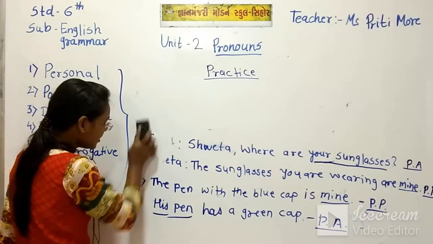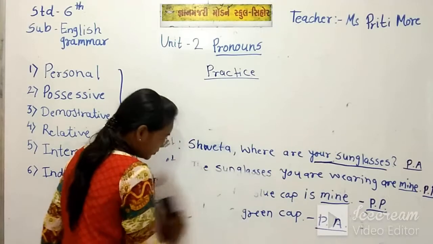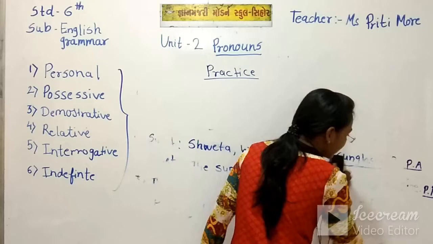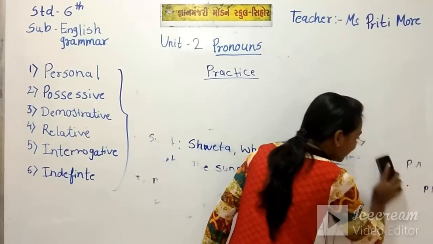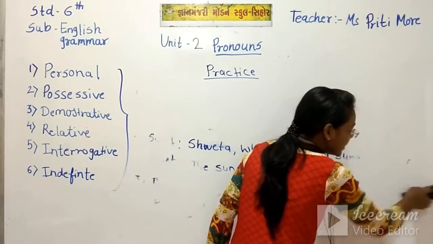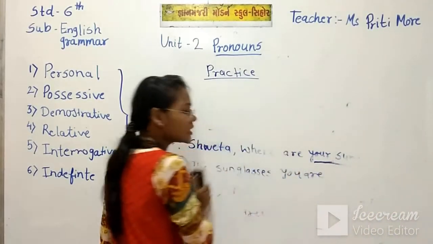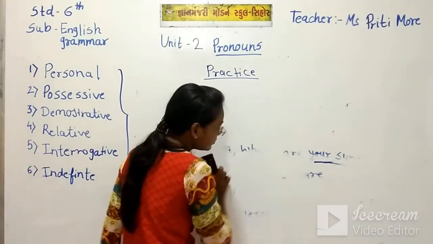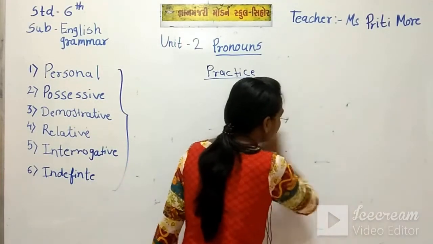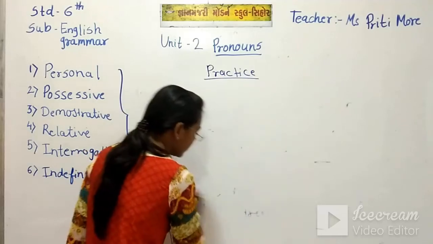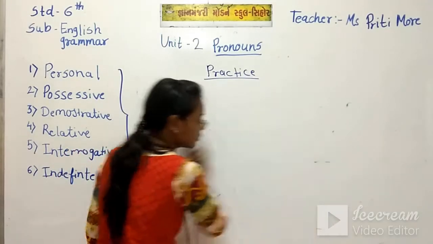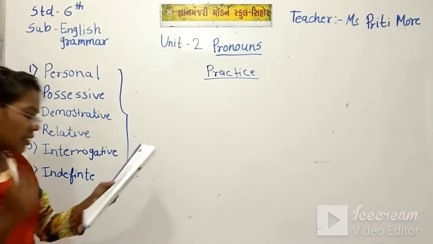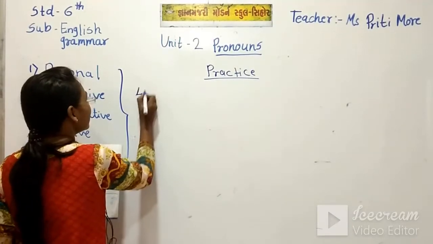Now I just rub this. Now with the fourth and fifth sentences we'll see whether the underlined word comes in the possessive pronoun or in the possessive adjective. Now see, the fourth sentence is given there.